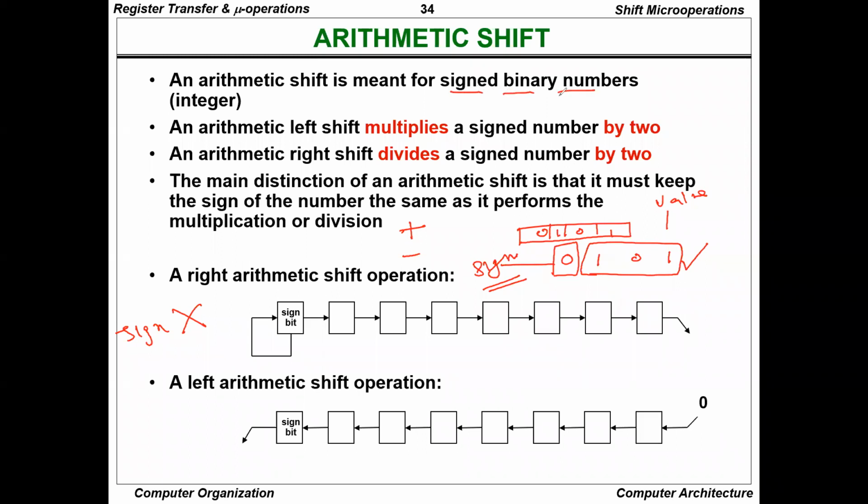साइंड का पहले कोई भी जिक्र नहीं था, ना सर्कुलर में ना लॉजिकल में, लेकिन अरिथमेटिक में साइन आएगा. The arithmetic left shift multiplies a signed number by 2, whereas the arithmetic right shift divides a signed number by 2.